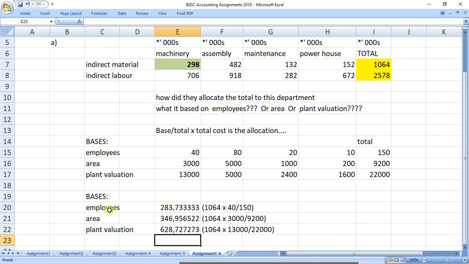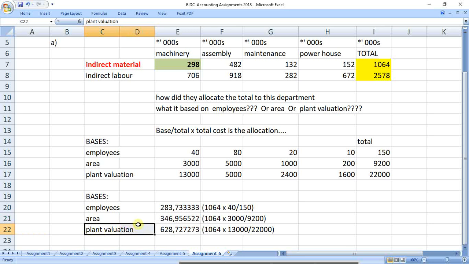I've used all three. I've used employee, I've used area, and I've used plant valuation. Okay, so which do you think is the best to use? How do you think is the best way to allocate material to the department? Should I allocate the indirect material based on employees, based on area, or based on plants?